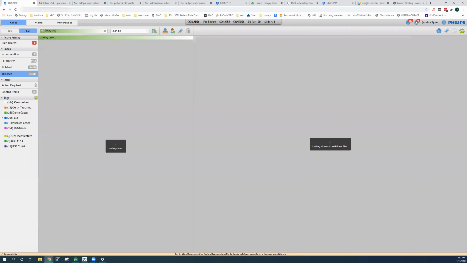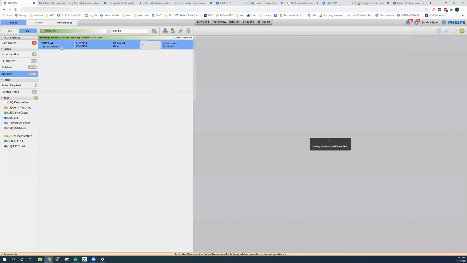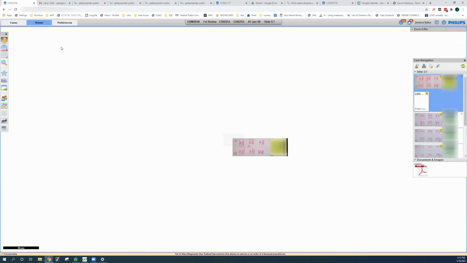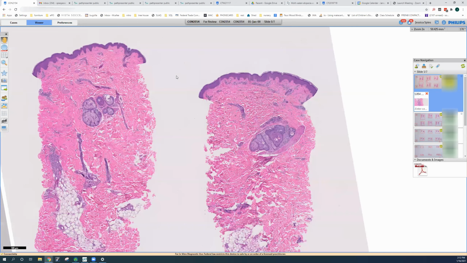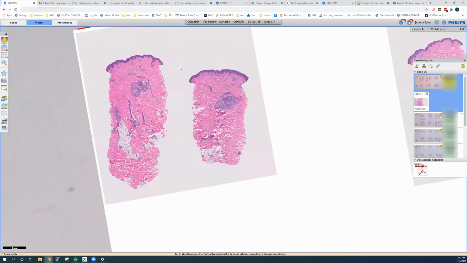All right, last case. Turn it around. And this is a bisected punch biopsy. This came in as rule out.